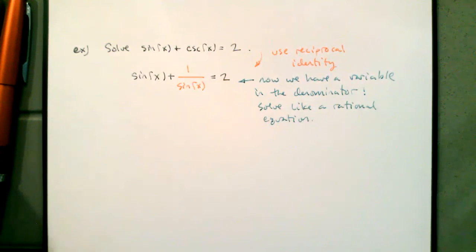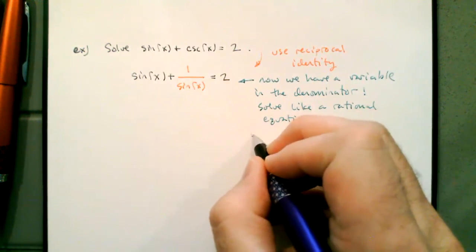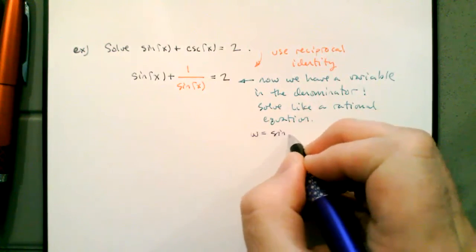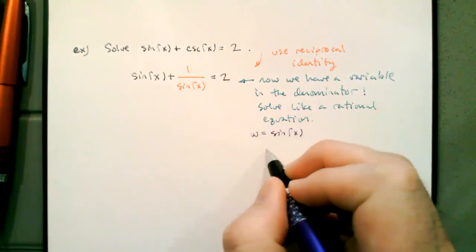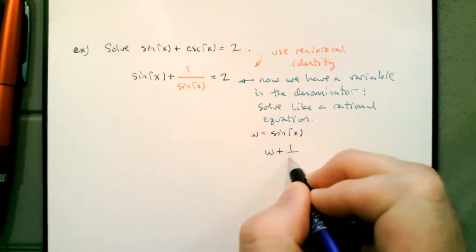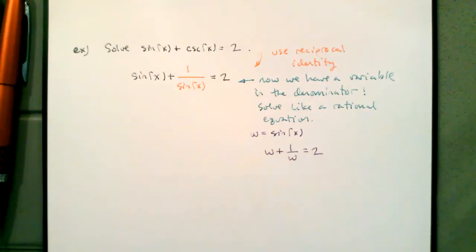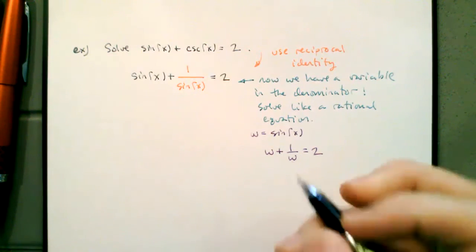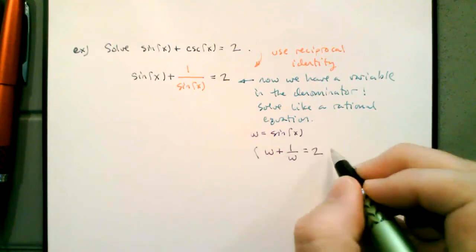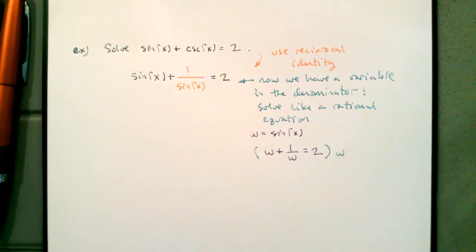I can make a substitution like I did before, where w is equal to sine of x. Then my equation looks like w plus 1 over w is equal to 2. And our strategy for solving rational equations is to multiply by the common denominator. So we multiply everything by the denominator.